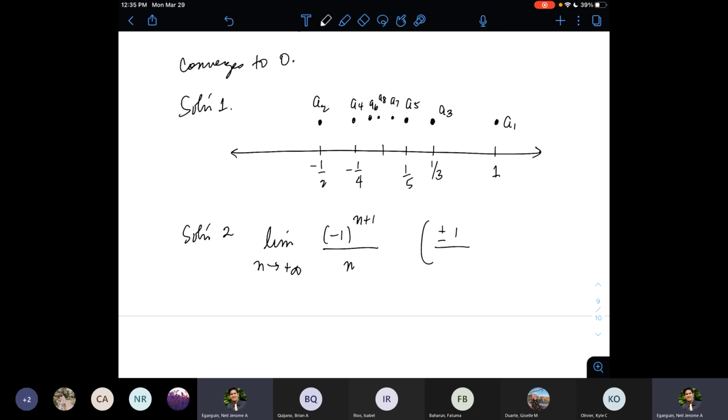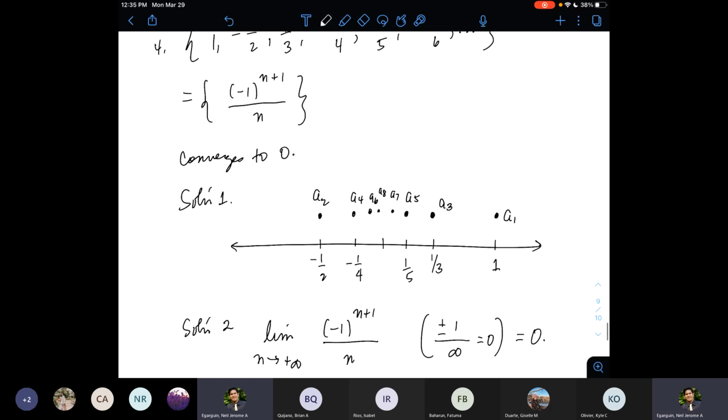But the denominator, as n goes to infinity, is a large number. So basically, you have plus or -1 divided by a very large number. It doesn't matter if it's +1 or -1. The quotient will still go to 0, right? So that's why you can say, oh, the limit is equal to 0. Thereby, it converges to 0.